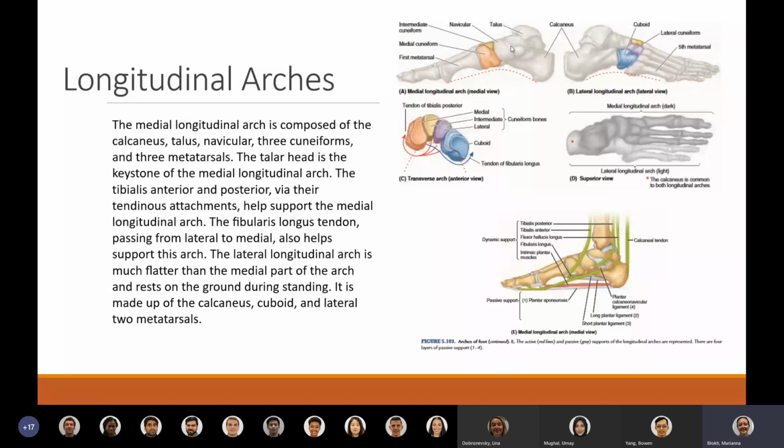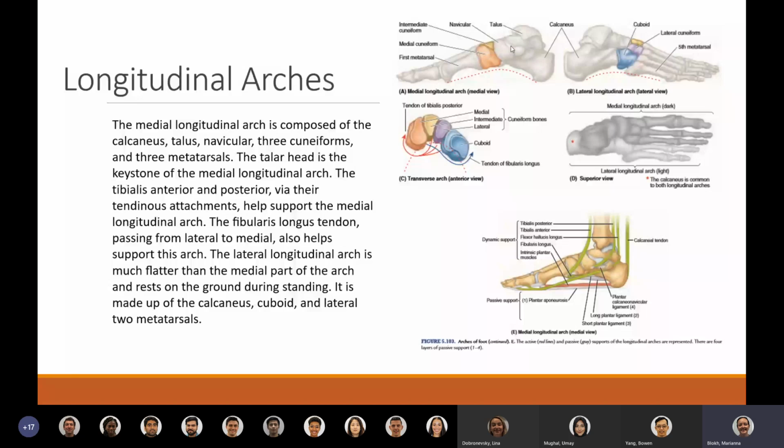I'm not sure if you had functional orthopedics yet, but the position of the talus and the talar head will determine how high your arch is or how low your arch is. You'll go into more detail about it after Boards Part 1 after this year, but the talar head is a very keystone component.